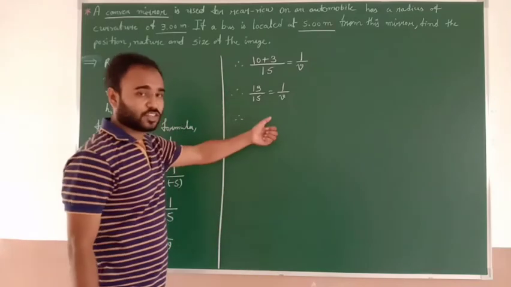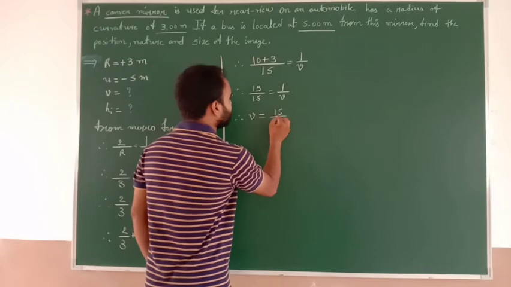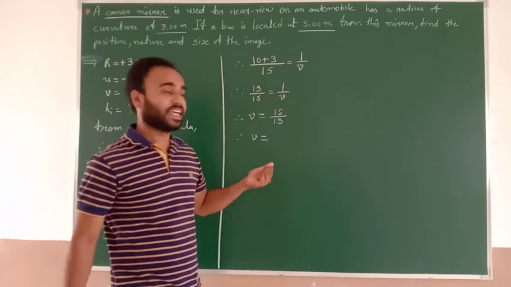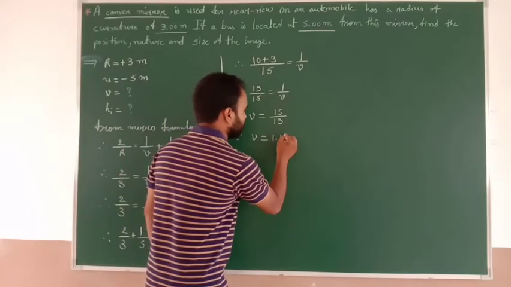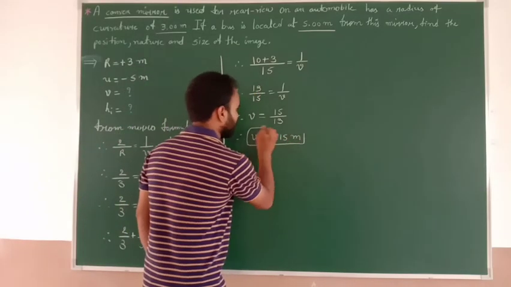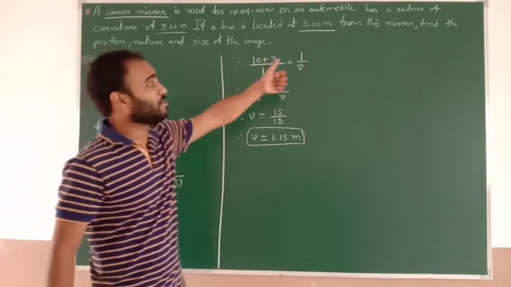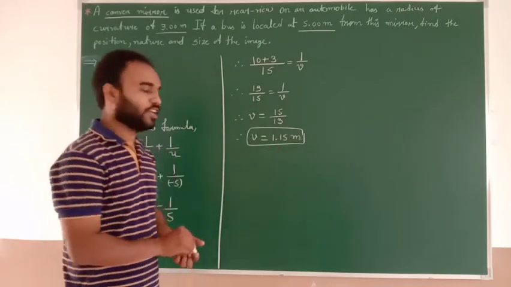Now we want the answer of v, so take the reciprocal of it. v is equal to 15 by 13. So what will be the division of 15 by 13? That will be 1.15. So where will the image form? Behind the mirror at 1.15 meters.